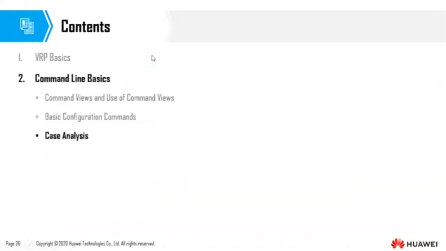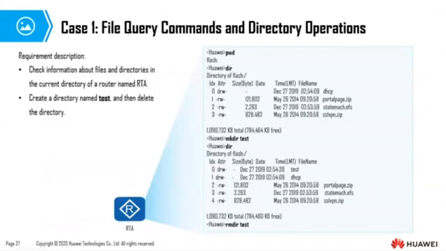Okay, so let's look at a case. So we are just about to wind up. So let's look at this particular case. So the requirements description: we want to check information about files and directories in the current directory of a router named RTA.